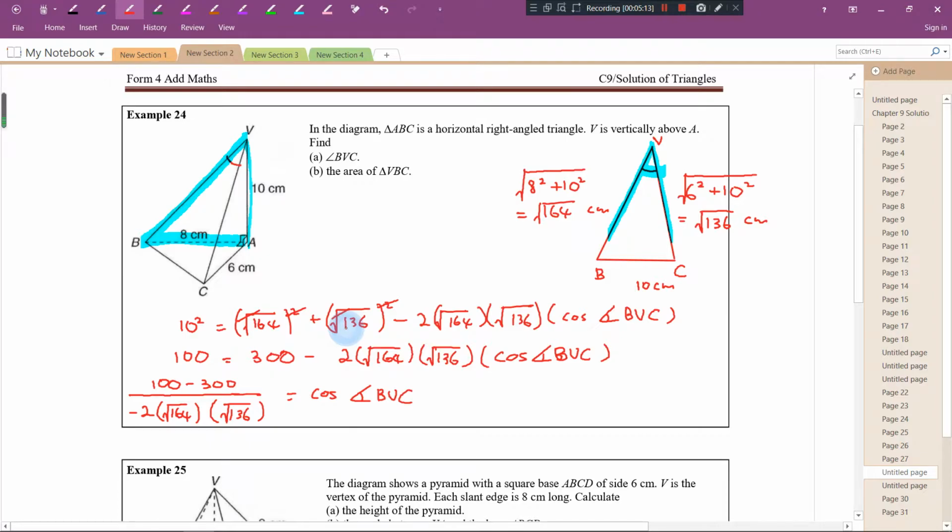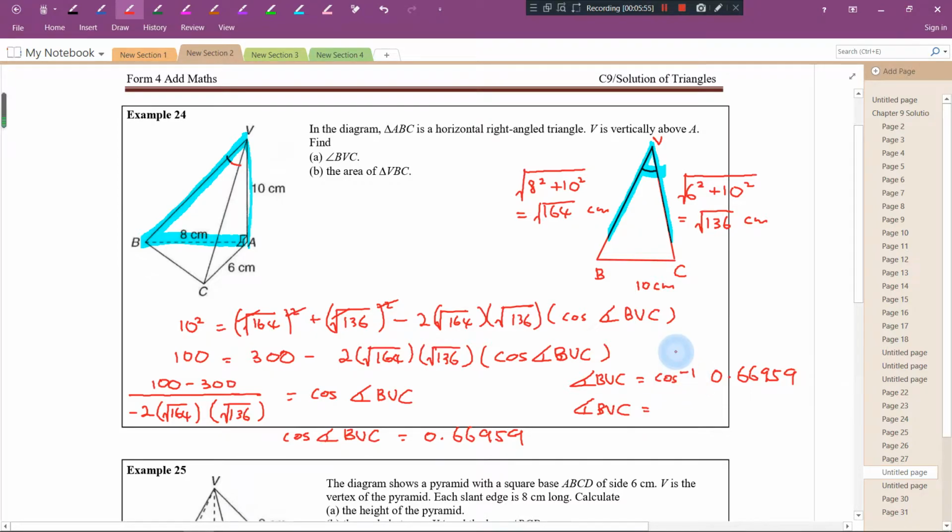Okay, let's press the calculator. So cosine angle BVC is equal to 0.66959. So angle BVC is equal to arc cosine of 0.66959.